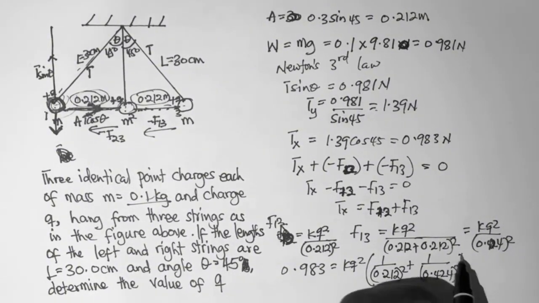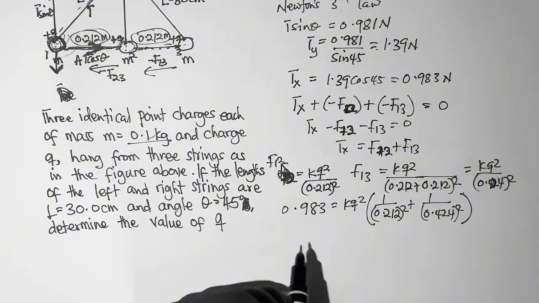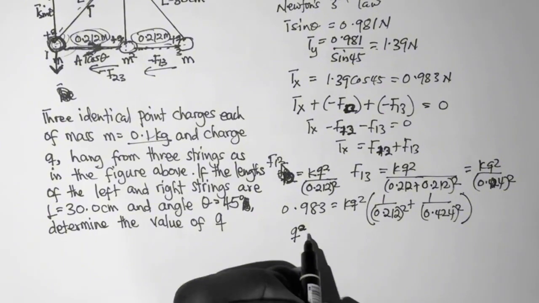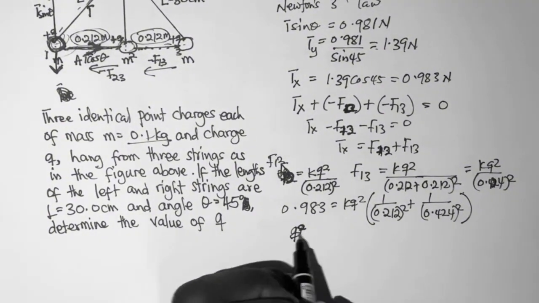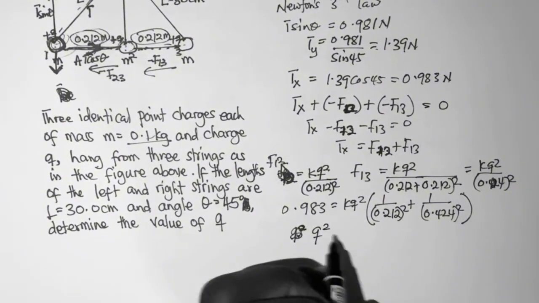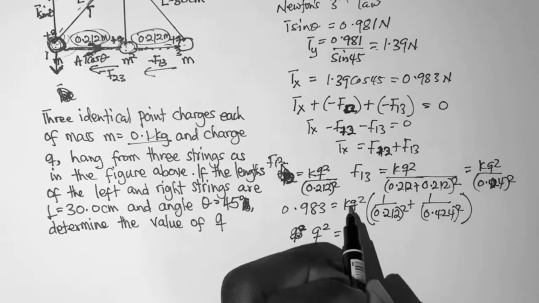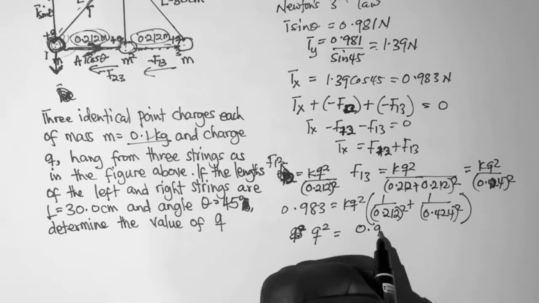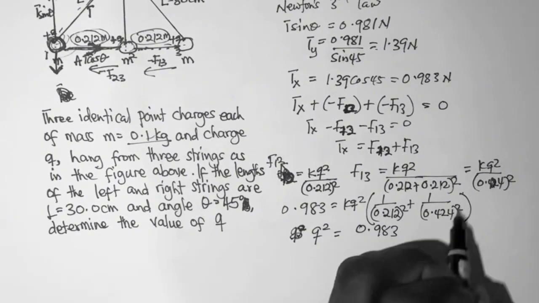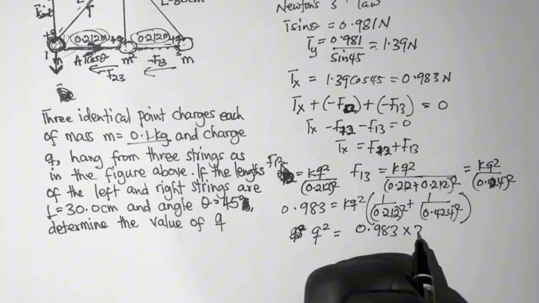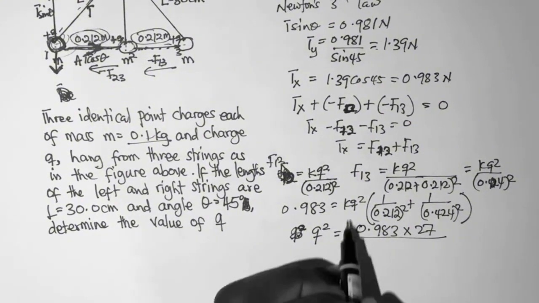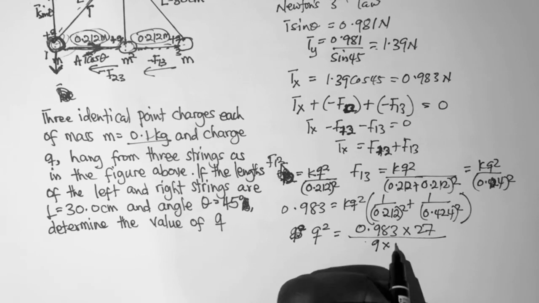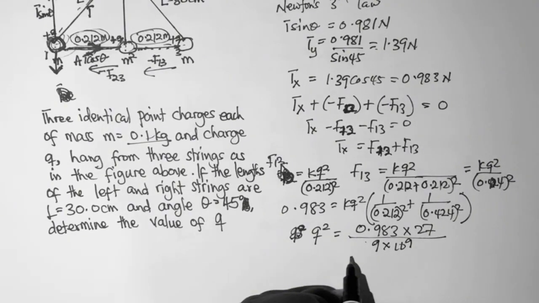If you make Q the subject, Q squared is equal to 0.983, and if you solve this, you are going to get 27 divided by 9 times 10 exponent 9.